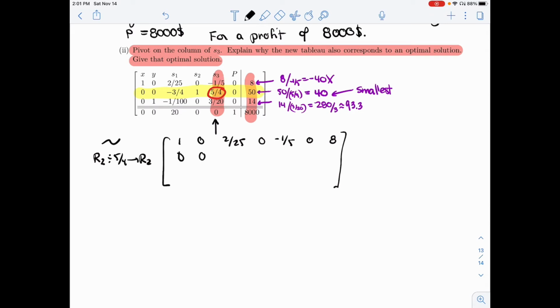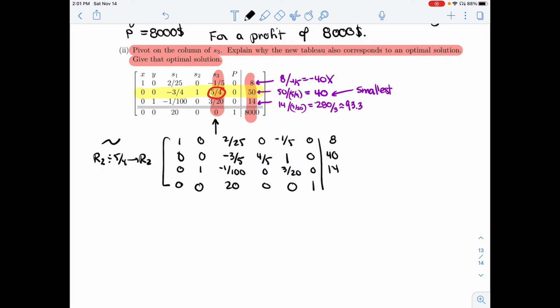And here, if I divide, that's like multiplying by 4/5, I guess minus 3 over 5. Here I get 4/5, here I get 1, and then we said we get 40 right here. The bottom row doesn't change, and the fourth row doesn't change either.